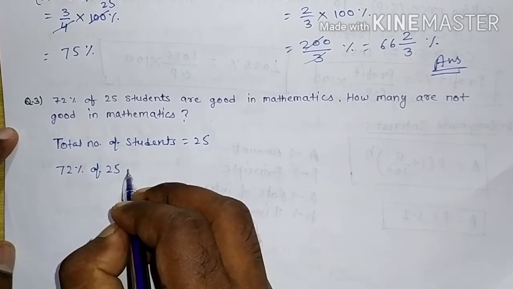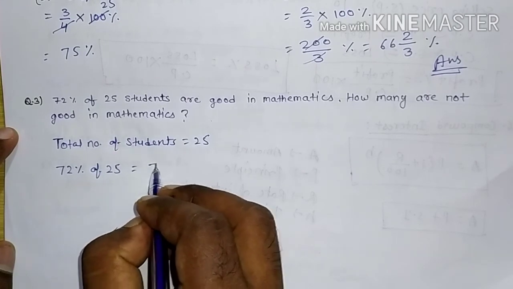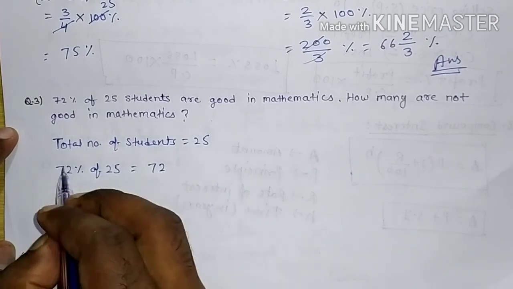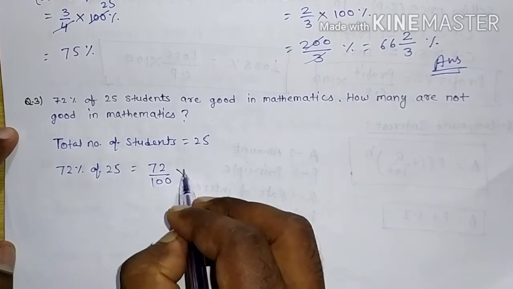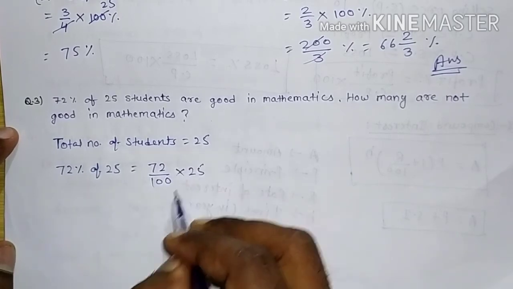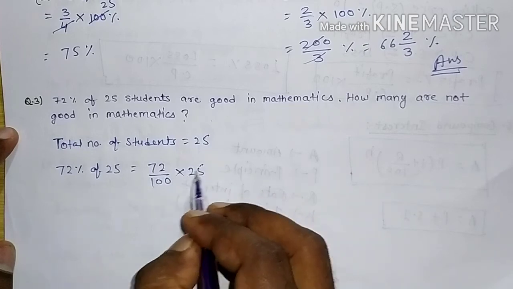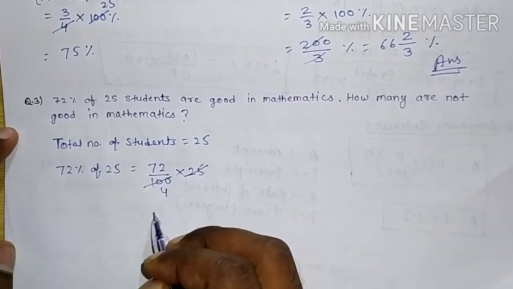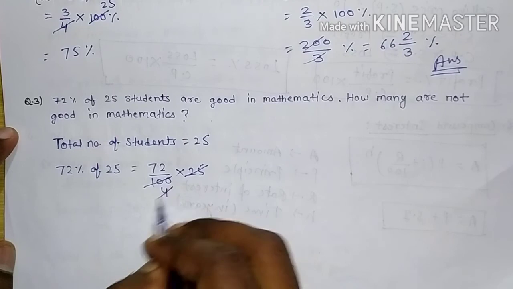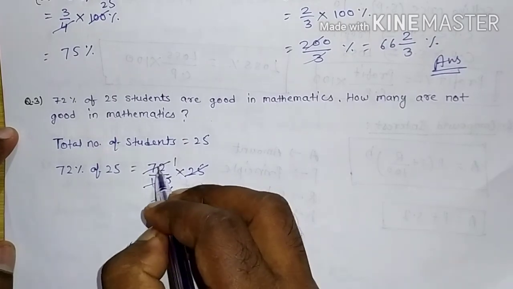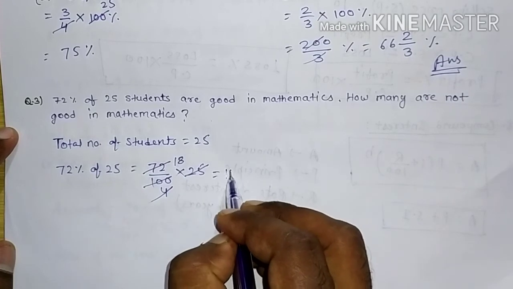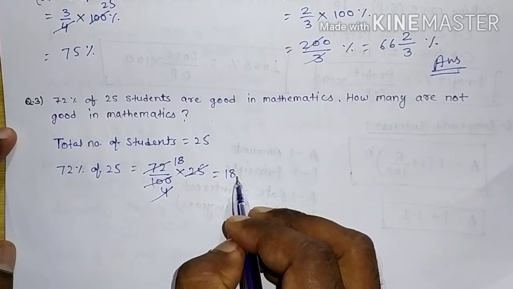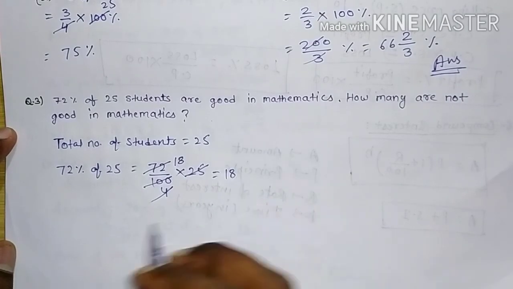So this equals 72%. We can write 72 divided by 100 of, this is multiply, and 25. Now it will be cancelled out. 25 4 is 100, and this will also be cancelled out. 4 1 is 4, 4 8 is 32. Now 18. So 18 students are good in mathematics.